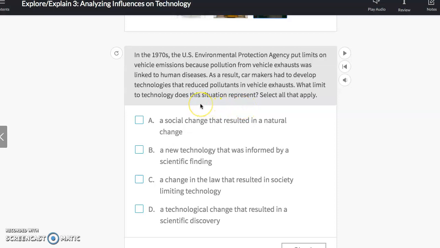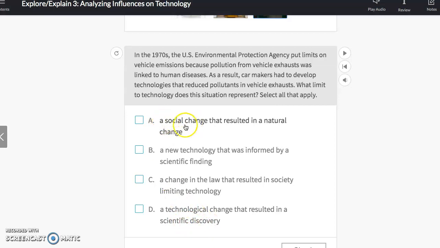So what limit to technology does this represent? Is this a societal change? Is this a new technology informed by science? So is it society that wanted this change, or technology from science, or a change in a law, or a technical change that resulted in scientific discovery?